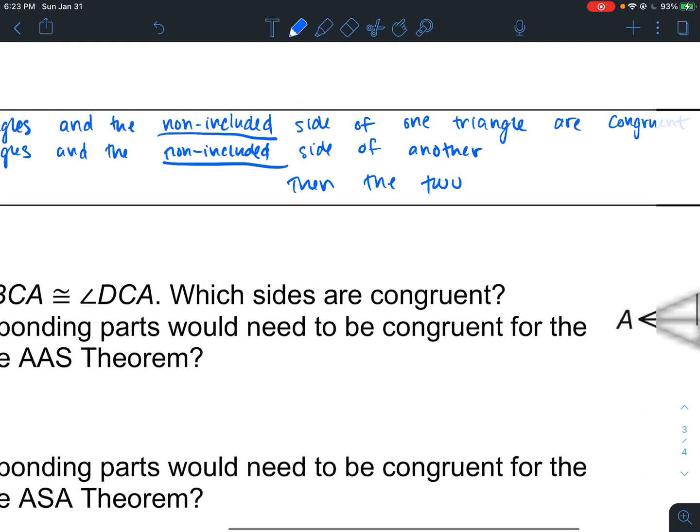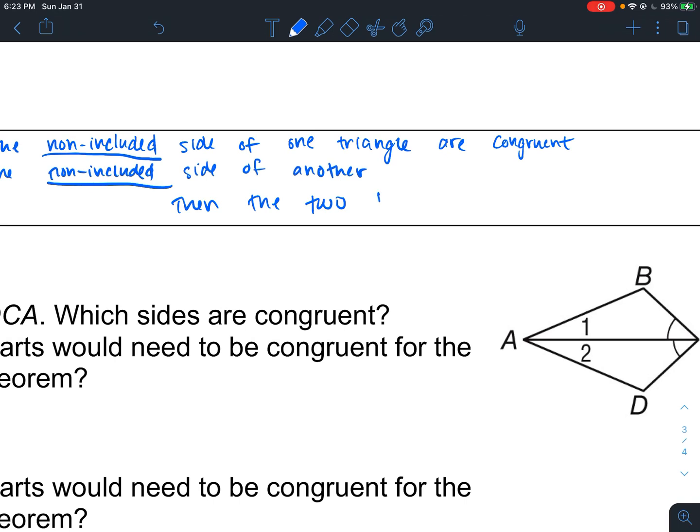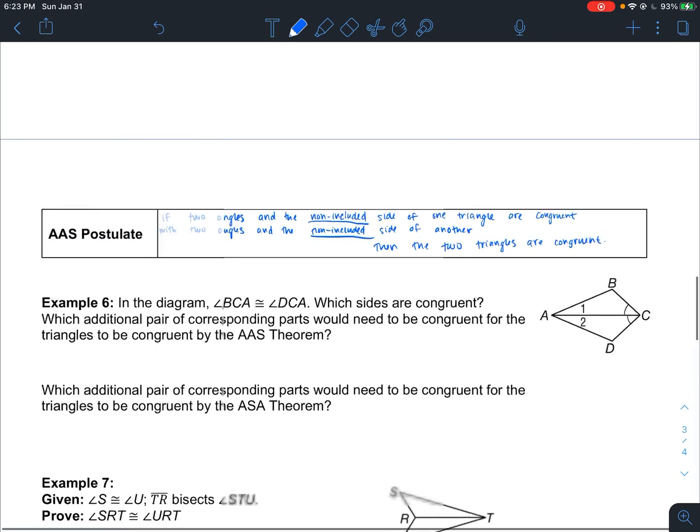I guess I should be saying that then the two triangles are congruent.